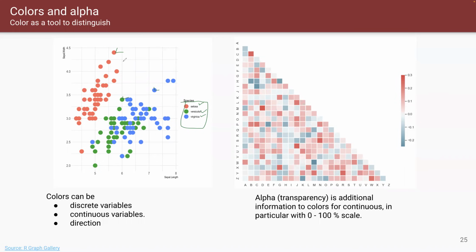And you can also use a different approach to distinguish species. So let's say you're not going to use colors. You can make all the data points black, but use a different shape for the data points.